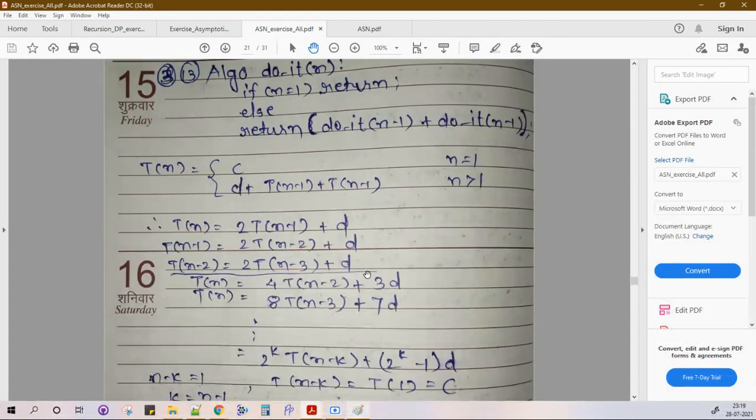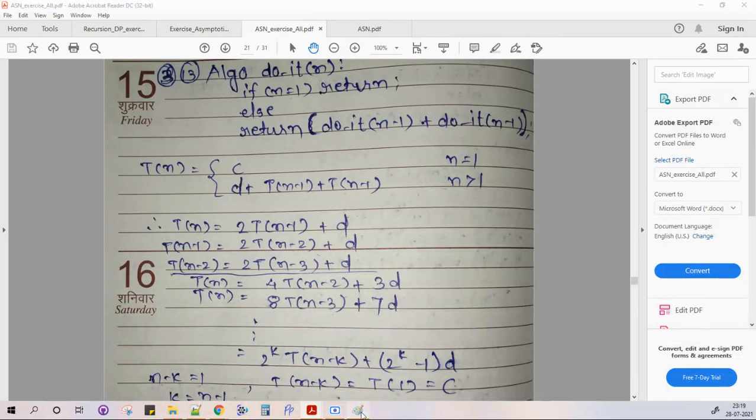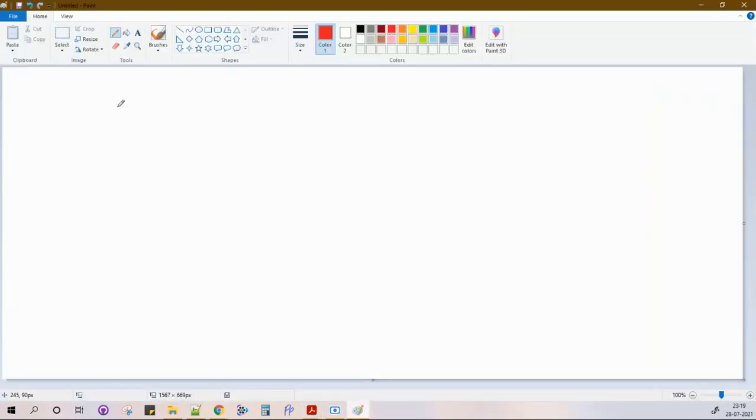You can write three equations and generalize it if you are very comfortable, and if you are not, just put the value of t of n minus 1 step by step. This is tricky, that's why let's try it.